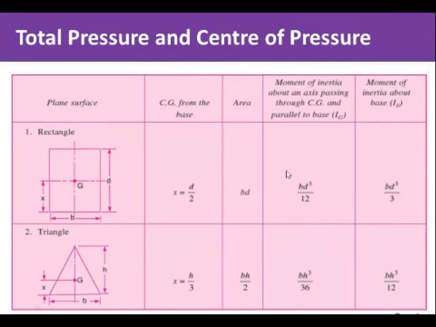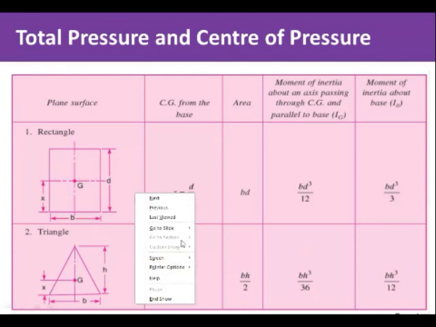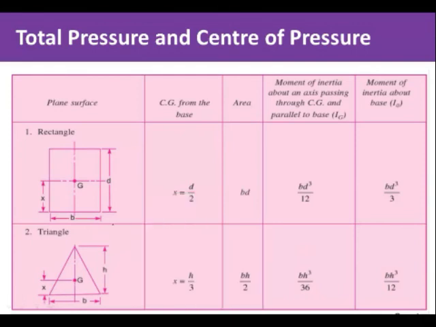While solving the problem, the first type of geometry which we are going to see will be the rectangle. Any rectangle is a surface which has its breadth as b and its height as d.